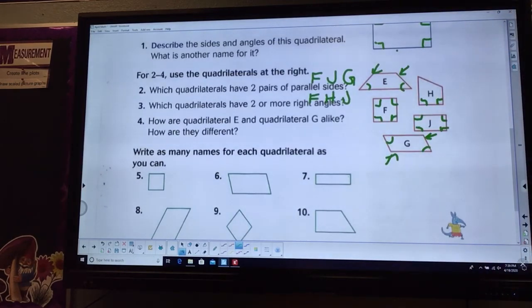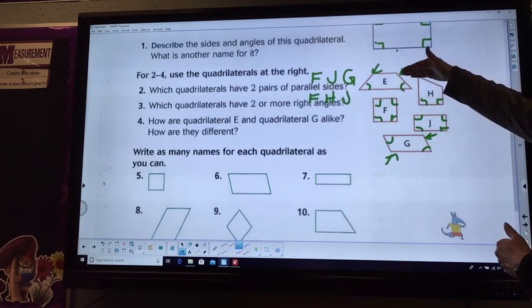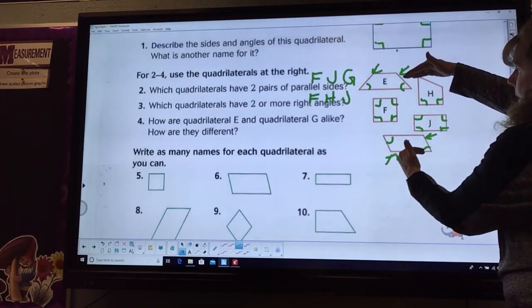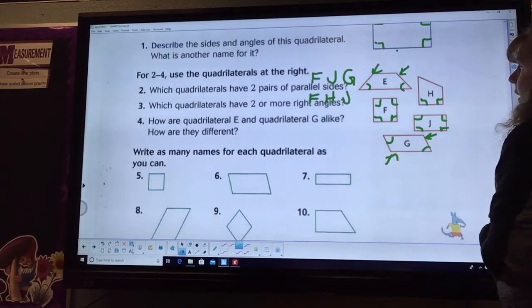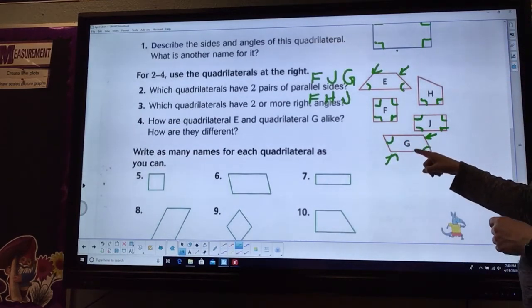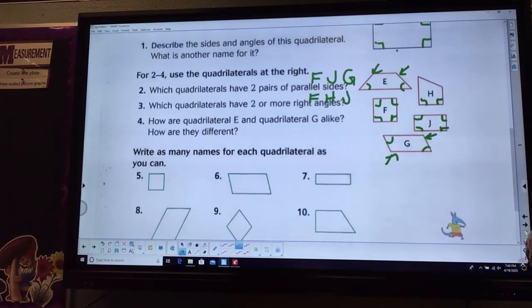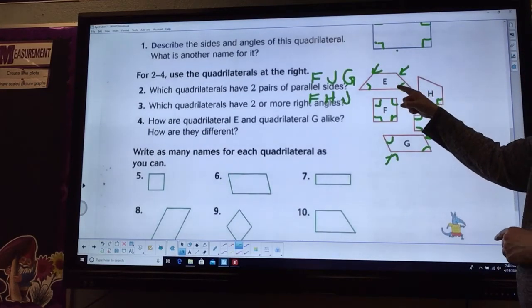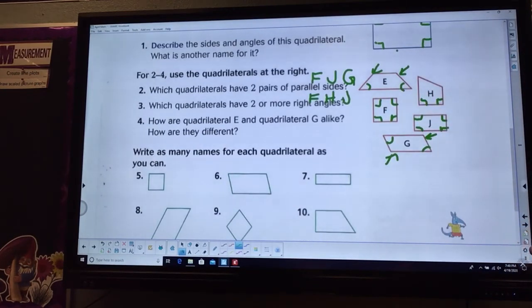Now, how are they different? Well, E is a trapezoid, G is a parallelogram. Now, looking at our checklist, that tells me that G has 2 sets of parallel lines, and E, because it's a trapezoid, only has 1.